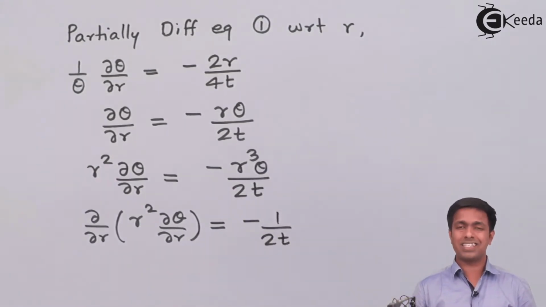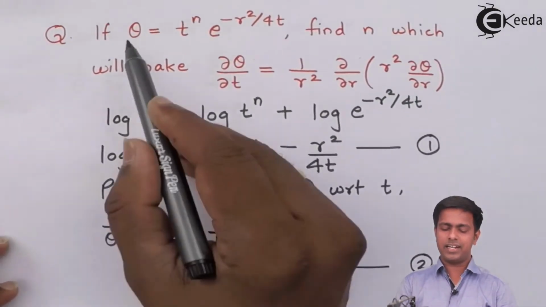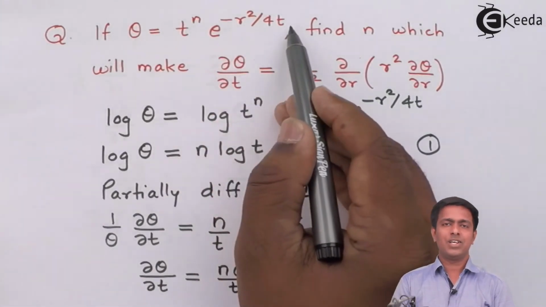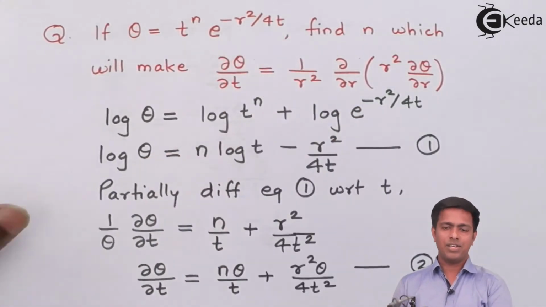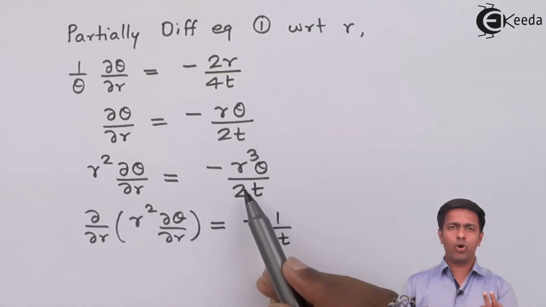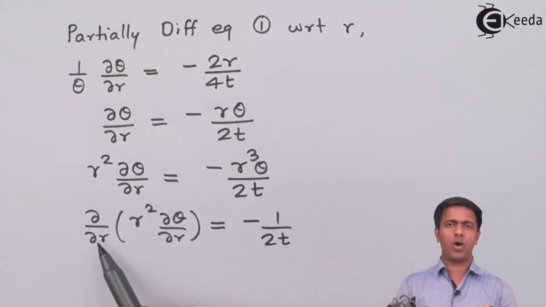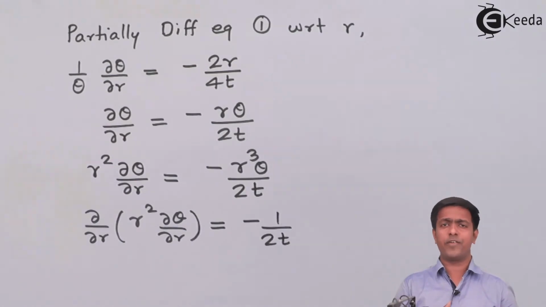Now guys, don't say that theta is a constant, because in the question it is said that theta is a function of r and t. So it also has r. Theta is a function of r and r cube is also a function of r. So both terms have r, and that is why to differentiate with respect to r, I am going to use the product property: u into derivative of v plus v into derivative of u.